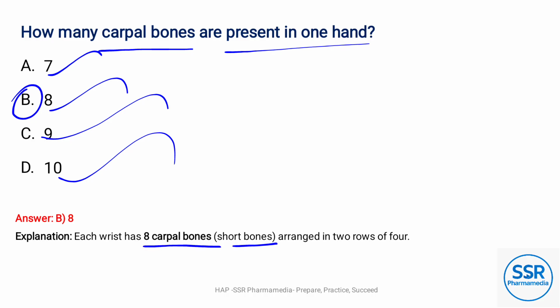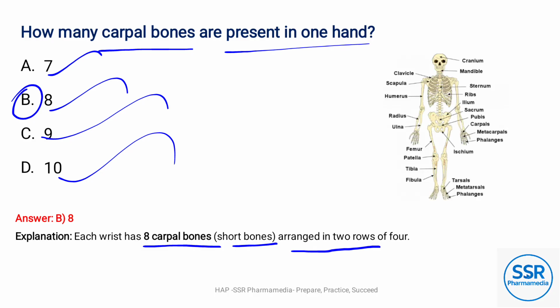They are short bones arranged in 2 rows of 4. Phalanges and metacarpals are below; above them, this area is called the carpal bones.